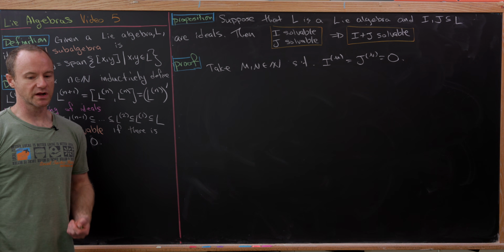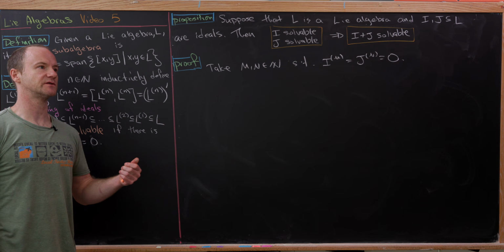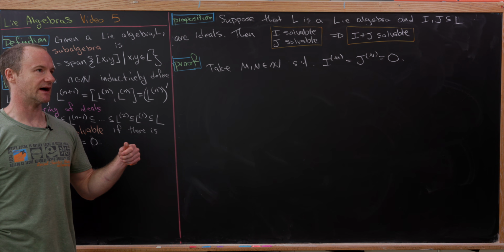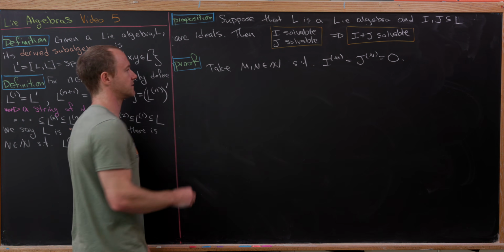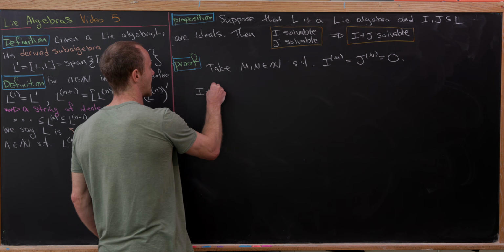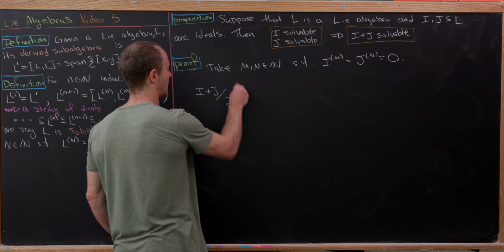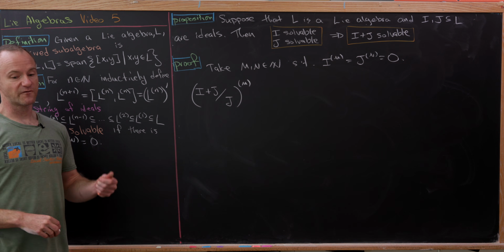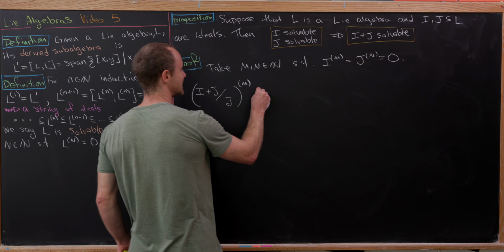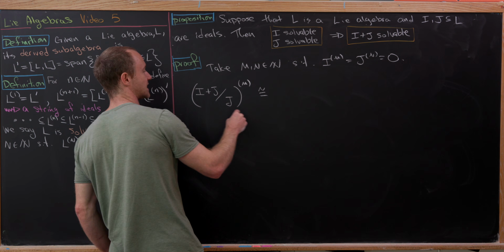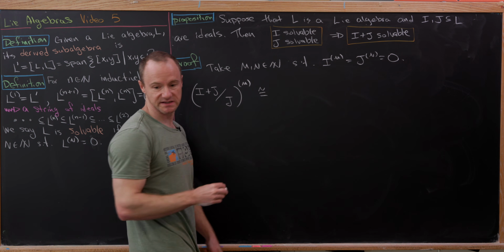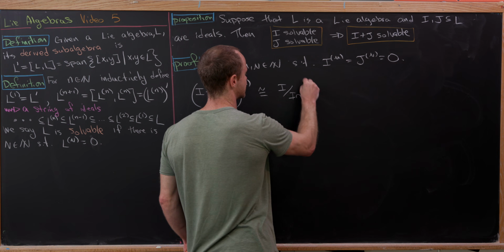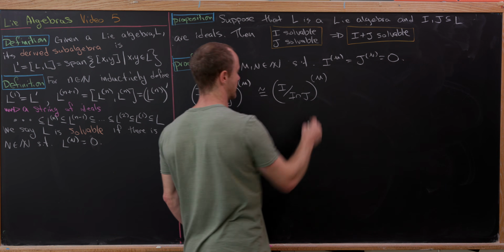So now we're going to use a combination of something we proved in the previous part, as well as the second isomorphism theorem. So let's look at this. We've got ((I + J)/J)^M. First off, we can use the second isomorphism theorem on the inside here to show that this is equal to (I/(I ∩ J))^M.